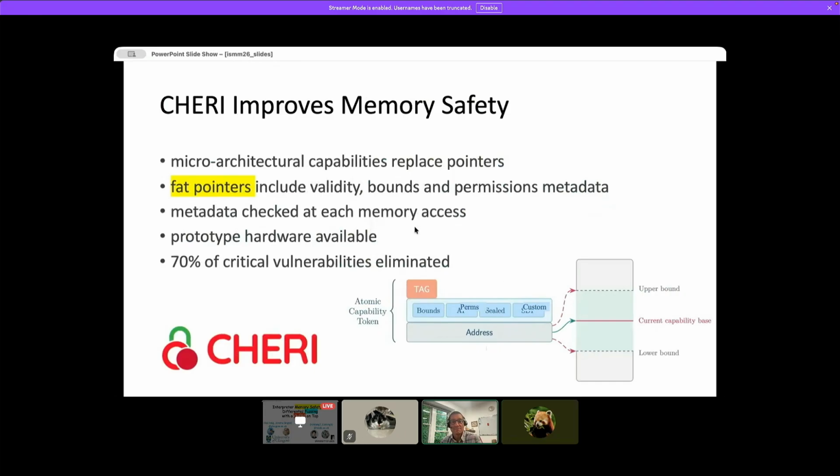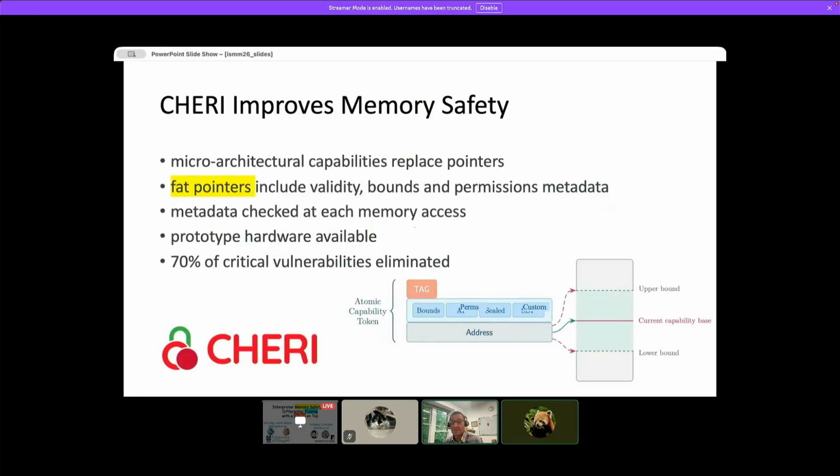And this metadata for pointer access permissions and bounds is checked in the hardware at every memory access. So you can't circumvent memory safety in a way that you can do in legacy C applications that just have raw pointers. There's prototype hardware available for CHERI, and we've got lots of that at Glasgow.